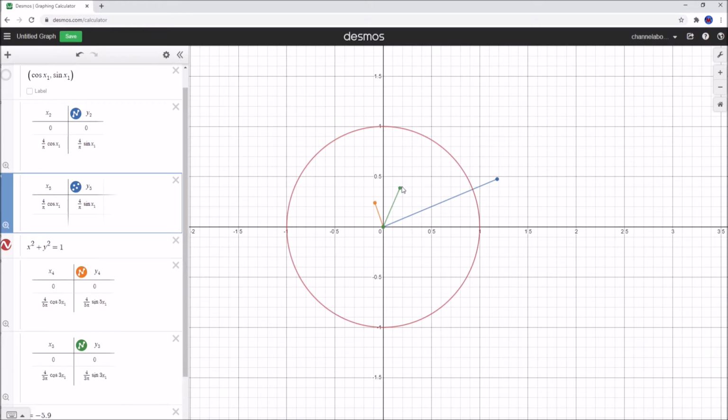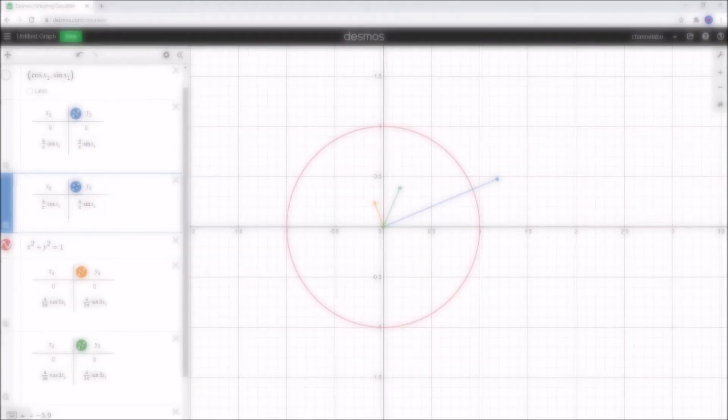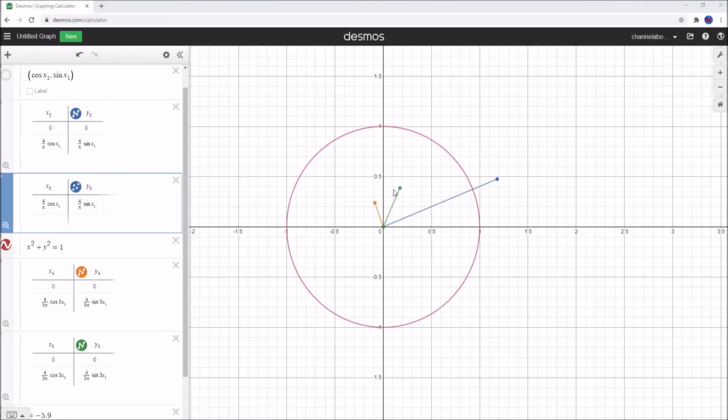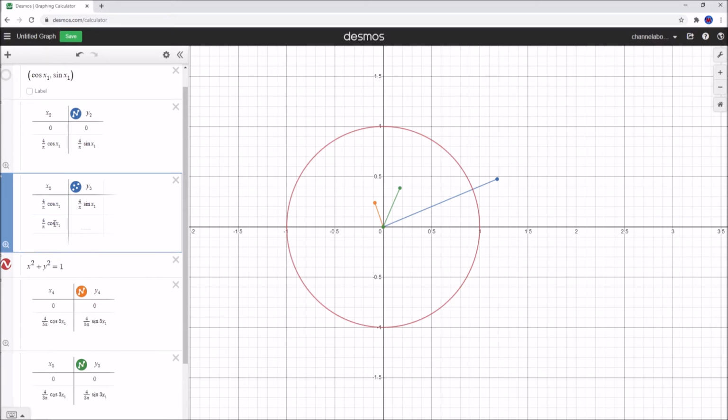So this green point moves up to this point over here. Now we have to find the other point. Where does this point go to when it shifts up along this phasor? Well, it goes to the original point up here, given by this value for the x and this value for the y.